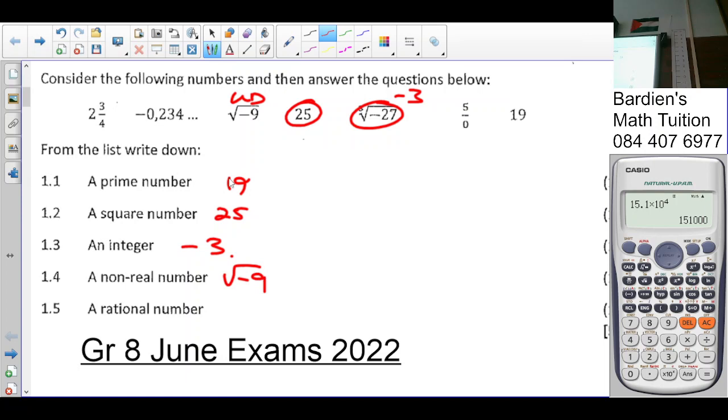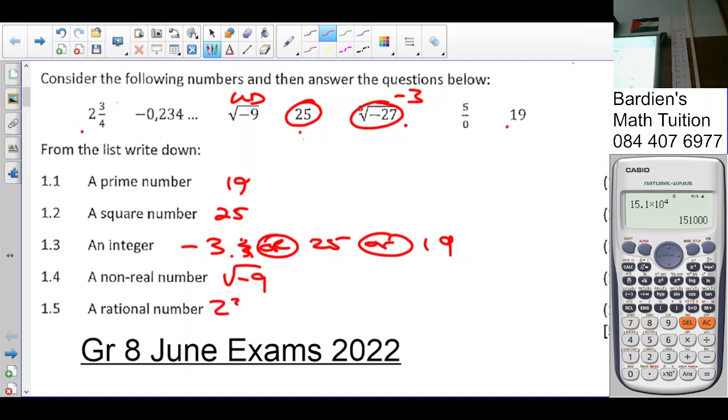A rational number. So any one of these would have been acceptable as a rational number. Not so? Yes, Michael? For 1.3, yes? I wrote 25 and marked the time. 25 is also acceptable, so this is supposed to be 25 or 90. Not so?